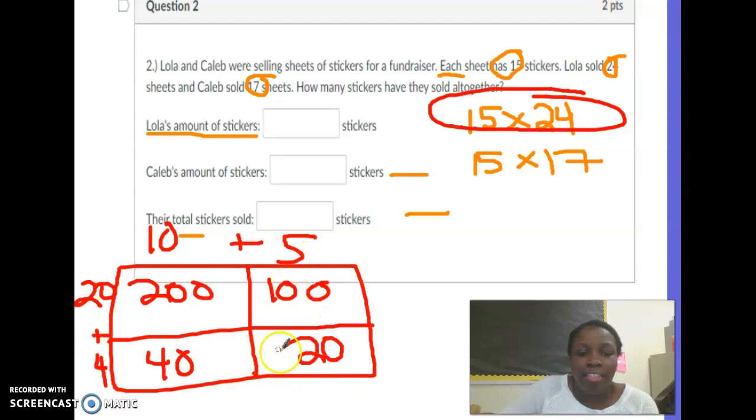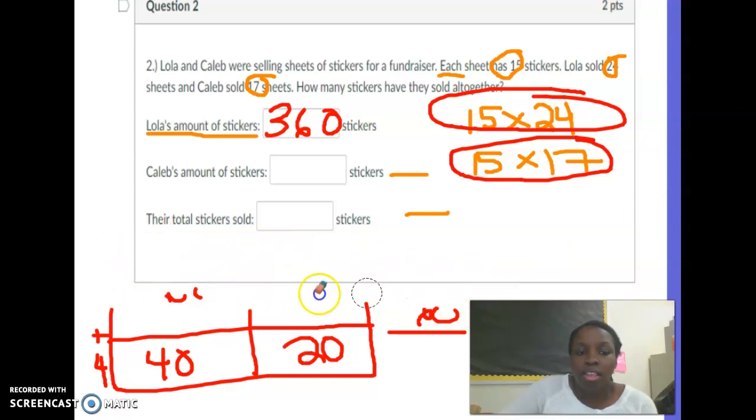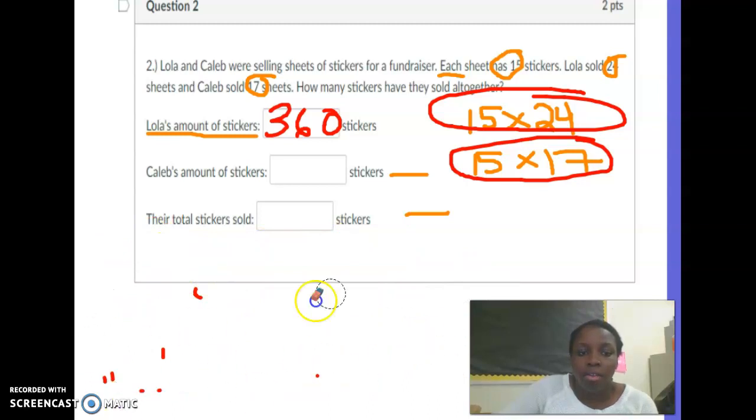So all I have to do is add these up. 200 plus 100 is 300. 40 plus 20 is 60. This is 360, so Lola's amount is 360. Now we have to do Caleb's amount, which is 15 times 17.